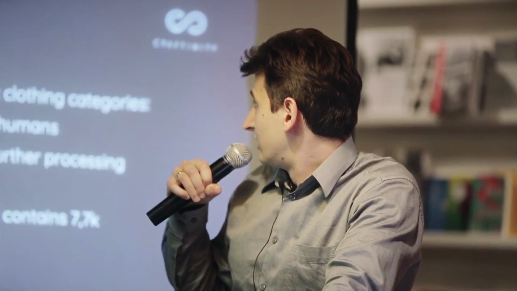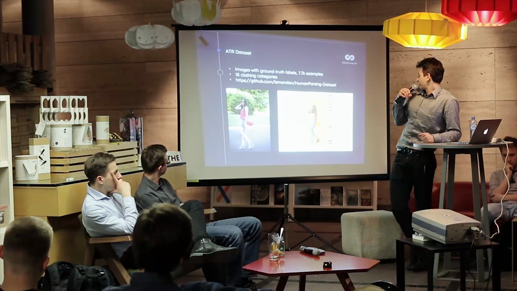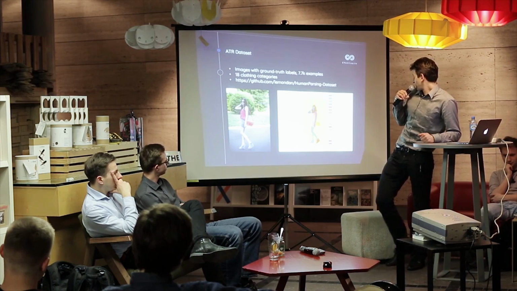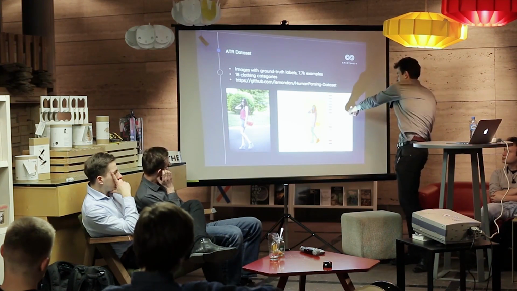And now a few words about this data set. This data set is called the ATR data set, and the categories set which is present there consists of 18 categories. So all of them you have listed on the right.